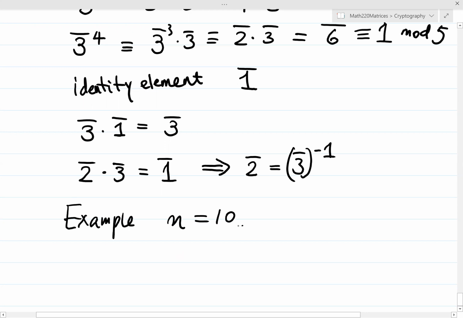Now 2 is not 0 mod 10, so it is a non-zero element. 5 is also non-zero, not equal to 0 mod 10.